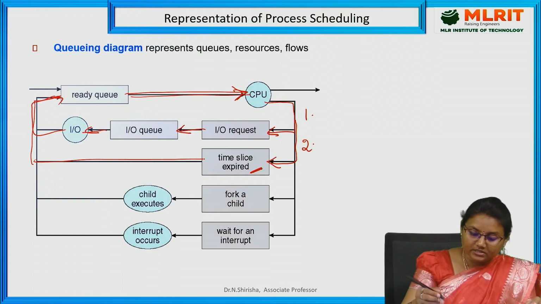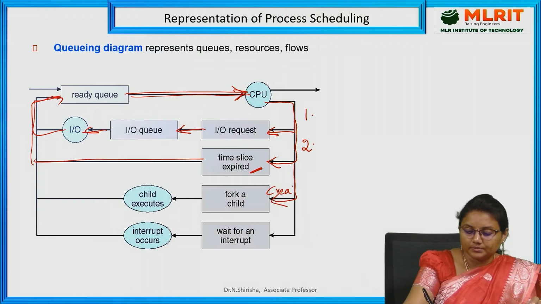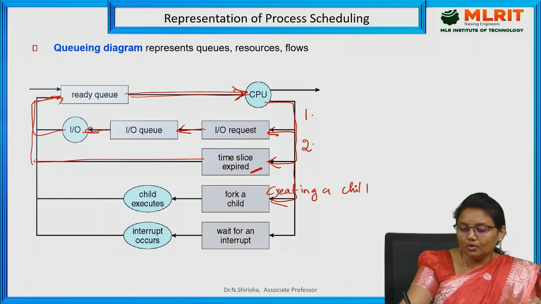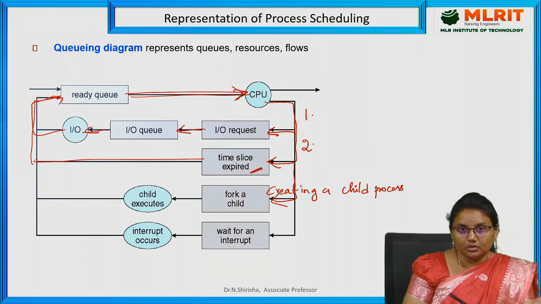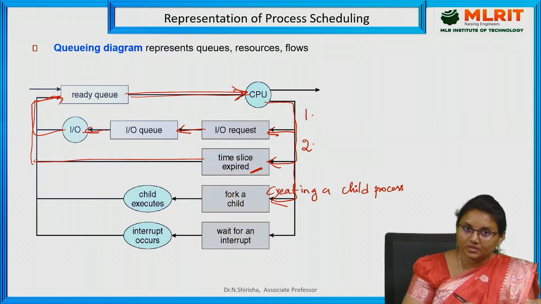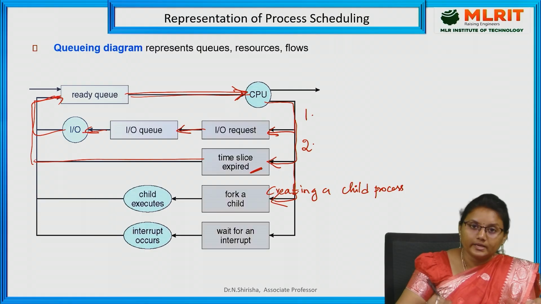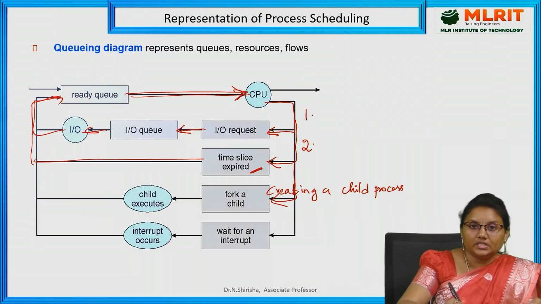Okay. Next, fork a child. Fork a child is creating a child process. Fork is a Linux system call. When you use the fork system call in the Linux operating system, it creates the child process.